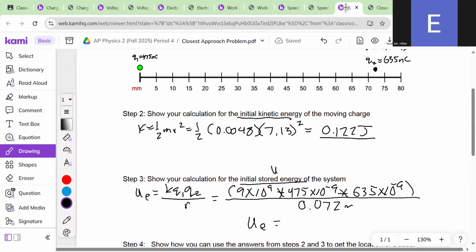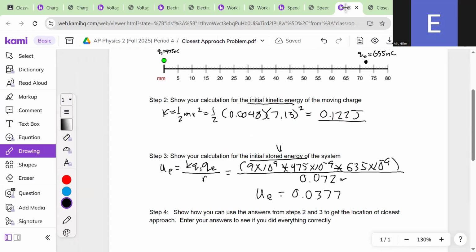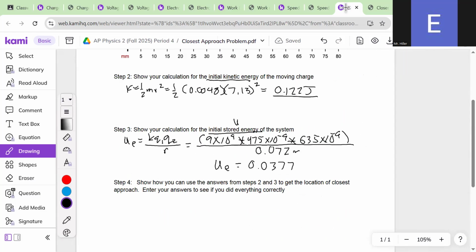And I'm looking at an electric potential energy of 0.0377.